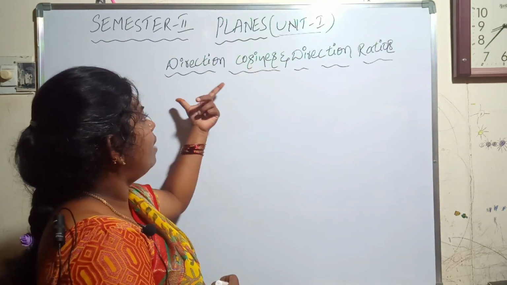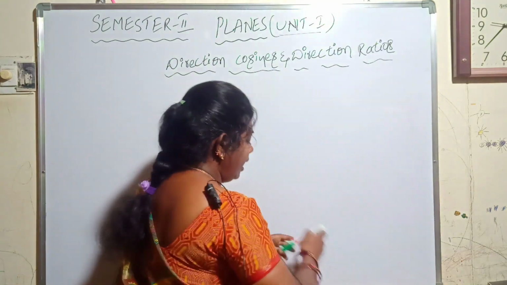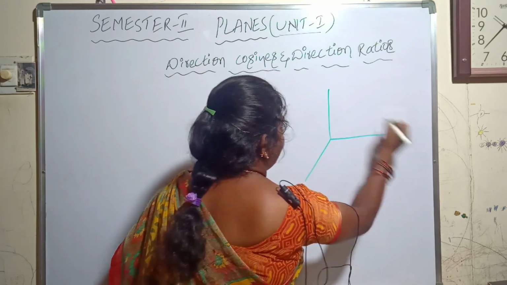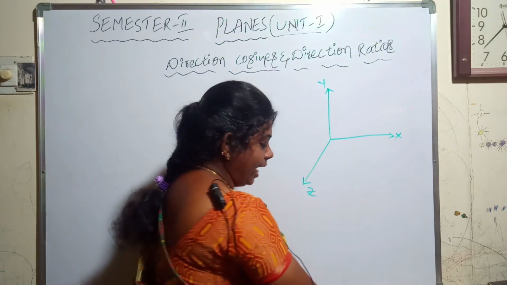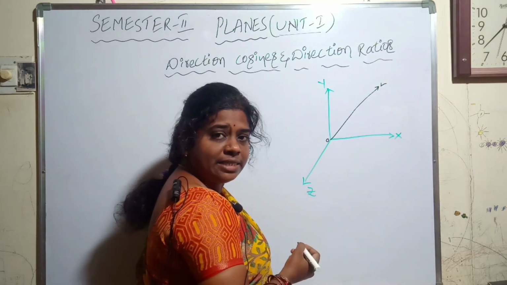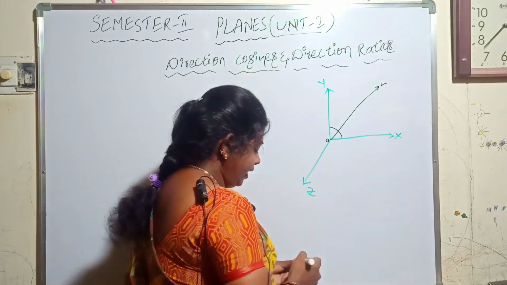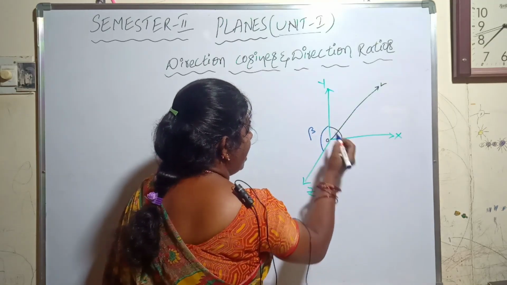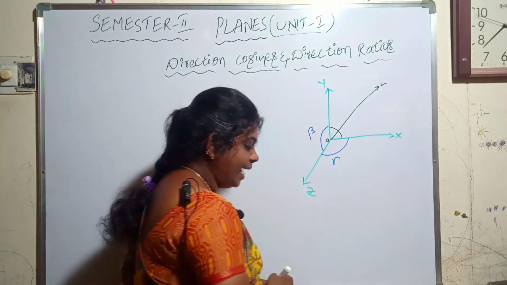In this video, we will discuss the topic planes, which is in semester 2, unit 1. Before going to planes, you have to know what direction cosines and direction ratios are. Let us consider the coordinate system with x axis, y axis and z axis. Let us take a line OL which is making alpha degrees with the x axis, beta degrees with the y axis and gamma degrees with the z axis.